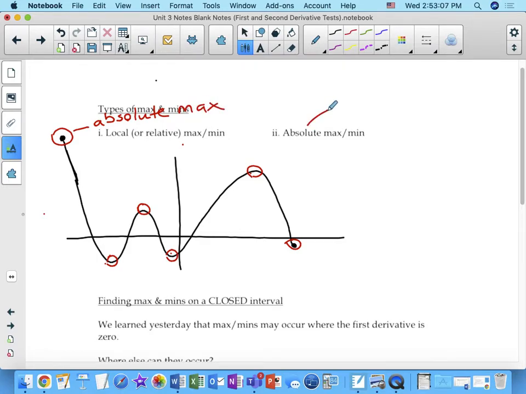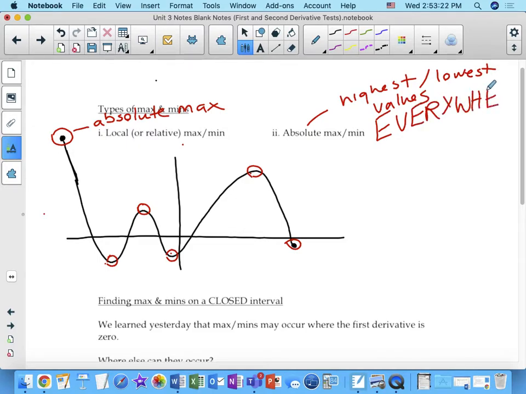So the absolute max or min is the highest or lowest value everywhere that the function's defined.